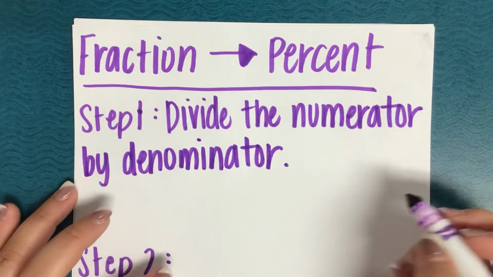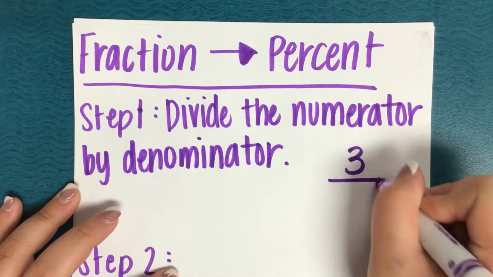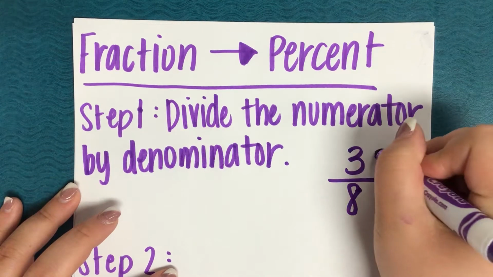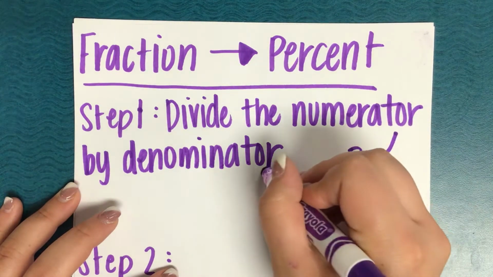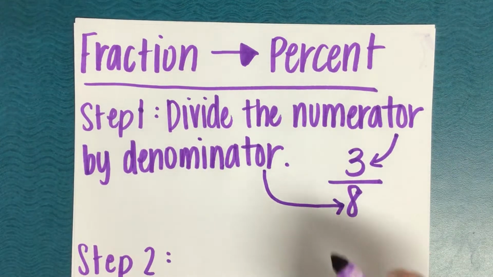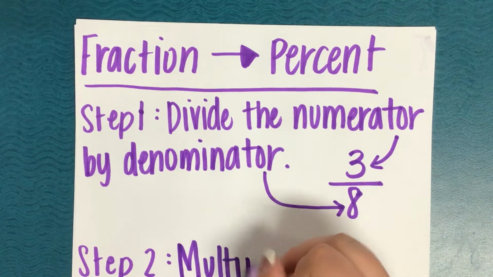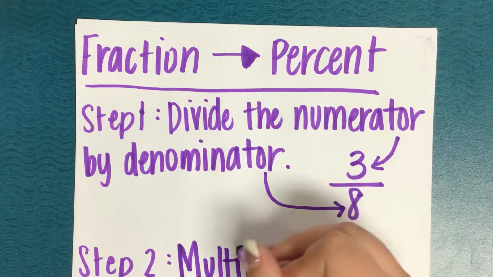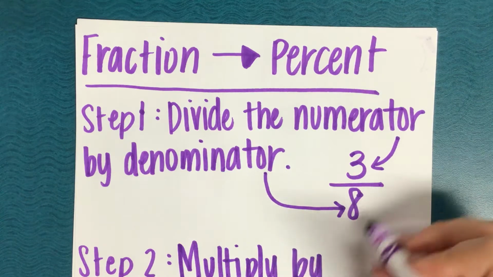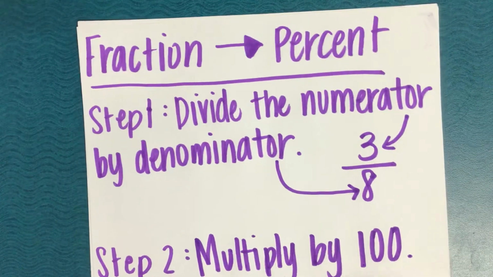Okay, so just to be sure, I want to make sure that you know the numerator is the top of the fraction and the denominator is the bottom. Okay, step two is to multiply by 100, okay? And this is simply moving the decimal 2 places to the right.